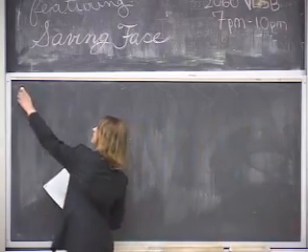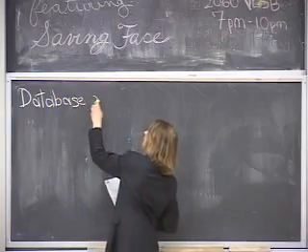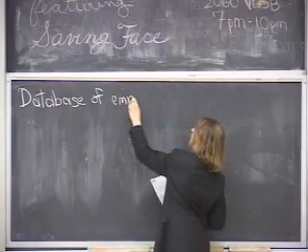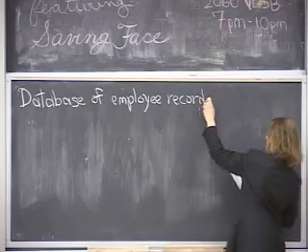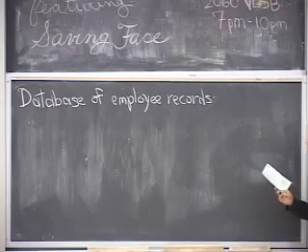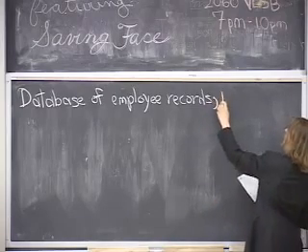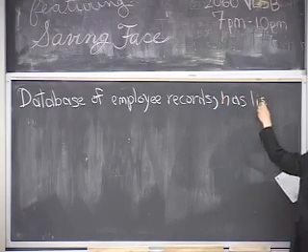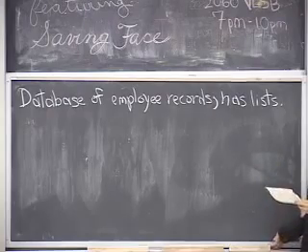So suppose you have a database of employee records. And this database has many lists so that you can enumerate all of the employees who have certain properties.